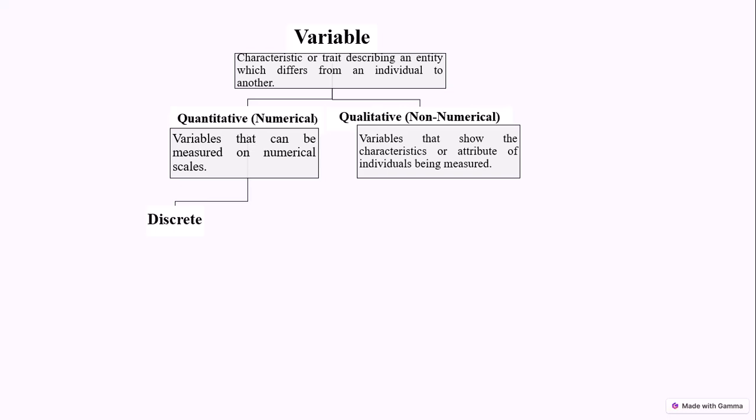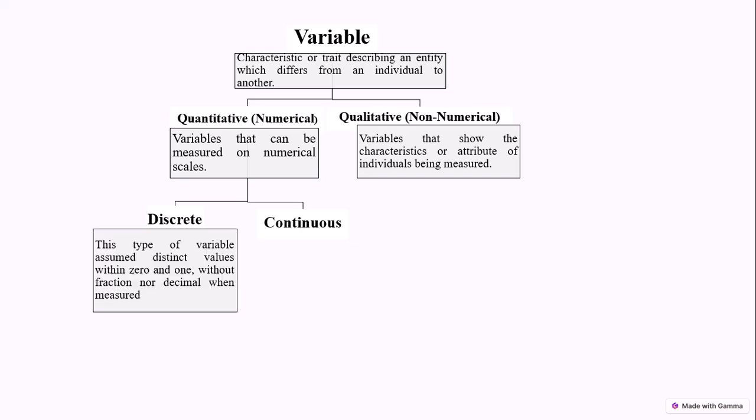Quantitative variables are divided into two. They can be discrete or continuous. Discrete variables assume whole values; in essence, something is either available or not available. It cannot be half, so once you measure such a variable, it cannot be in decimal or fraction form.